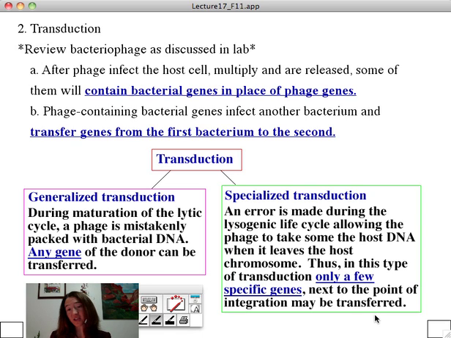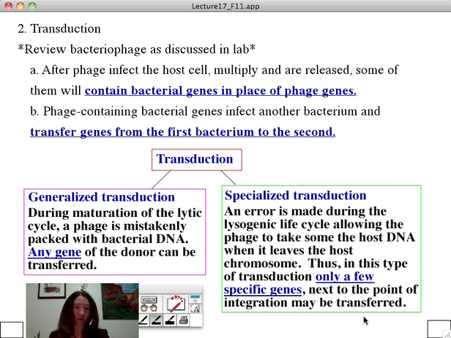Before I leave specialized transduction entirely behind, it doesn't hurt to ask, and maybe I'm anticipating some of you asking, whether or not the bacteriophage is still functional at all in specialized transduction. That is, because some of it gets excised, right?